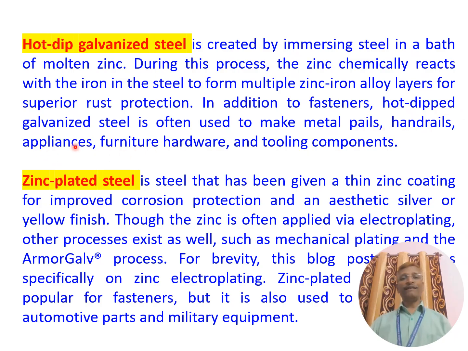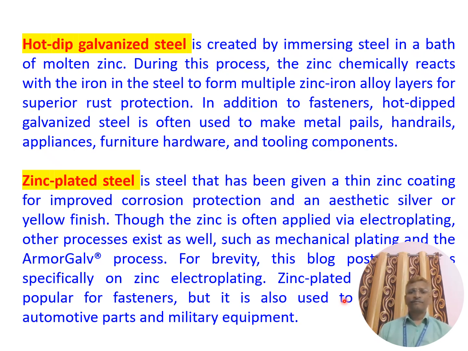This hot dipped galvanized steel is often used to make metal pails, handrails, appliances, furniture, hardware, and tooling components. Just molten zinc is used as a solution and the object is dipped.